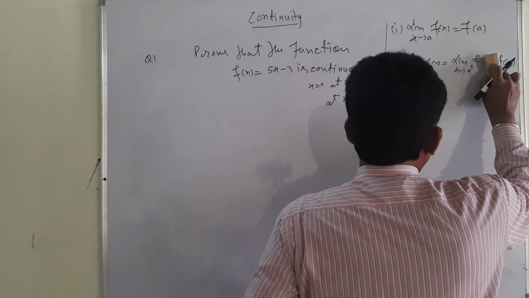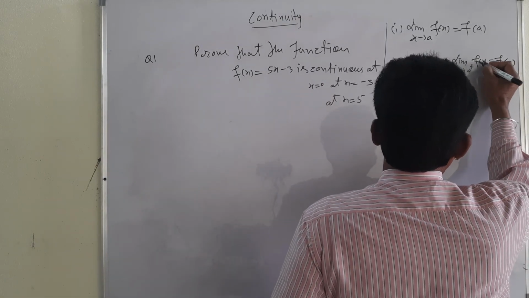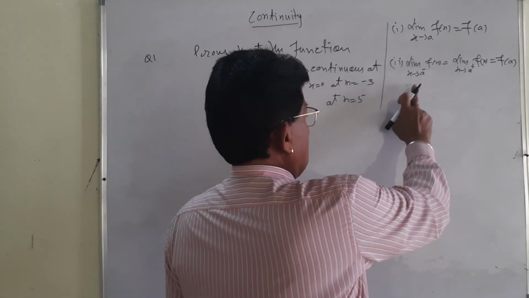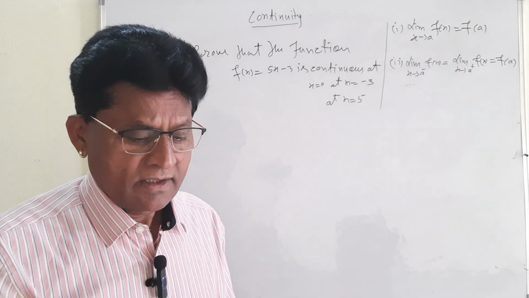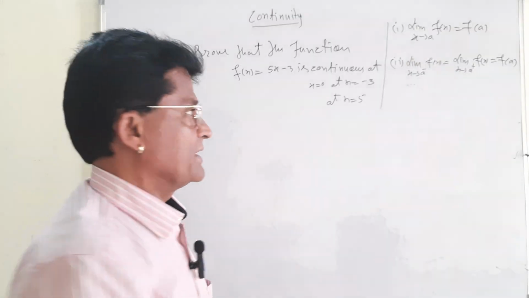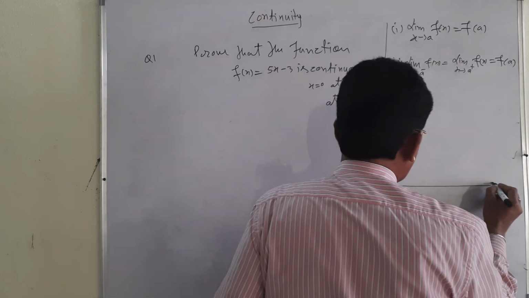That is f(x), so write f(x) carefully. Left limit, right limit, it should be equal to f(a), which is very important. And I have told you the similar kind of thing by diagram also.